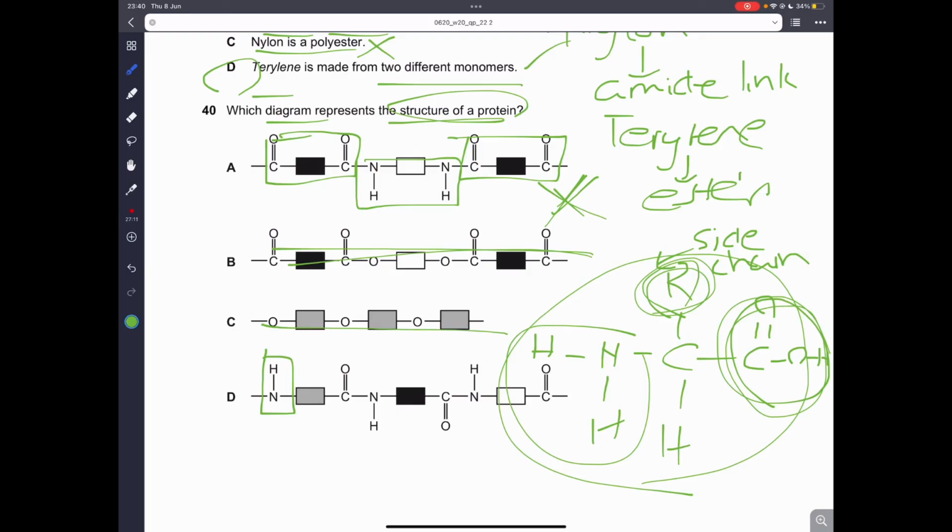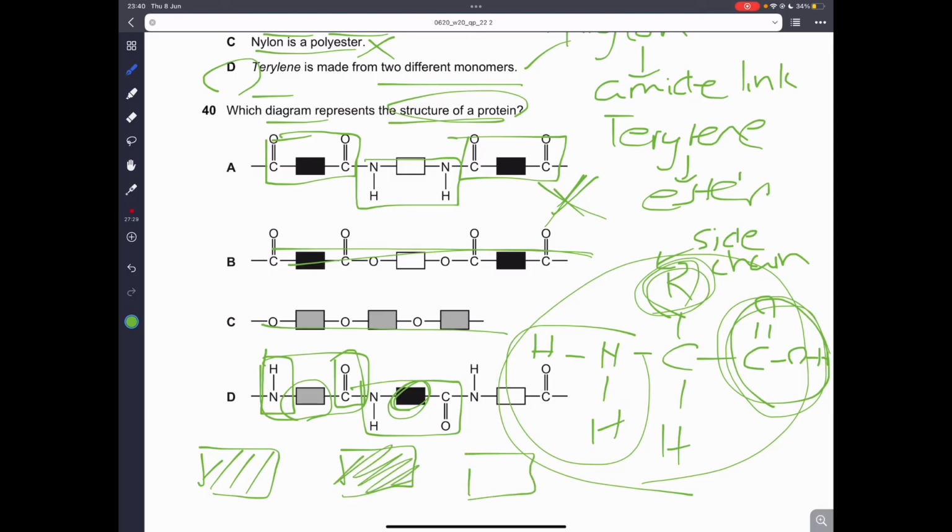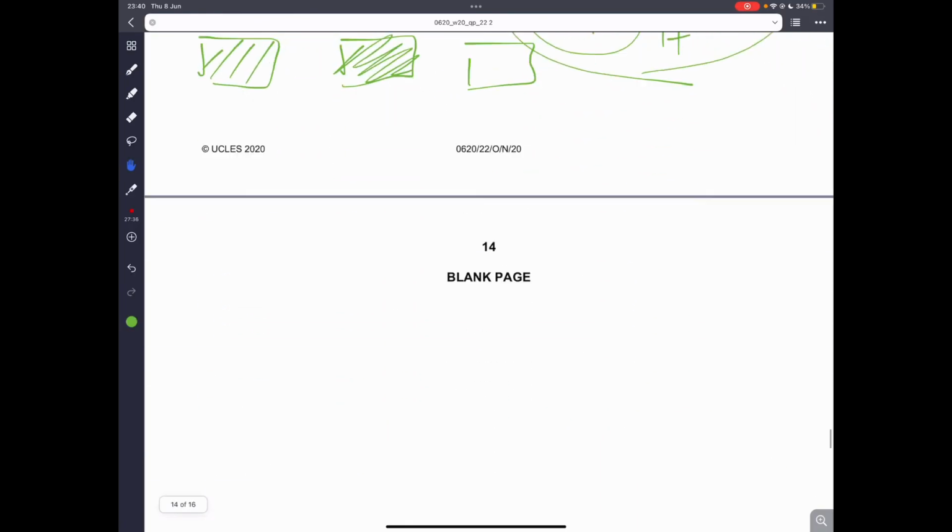On one side it has an amine group, on the other side it has a carboxylic acid group, and they have different side chains. You can see it is represented by the different color blocks. One is slightly shaded, one is very shaded, and the other one is black. These represent the different side chains and different molecules inside them. Therefore, D is the correct answer.